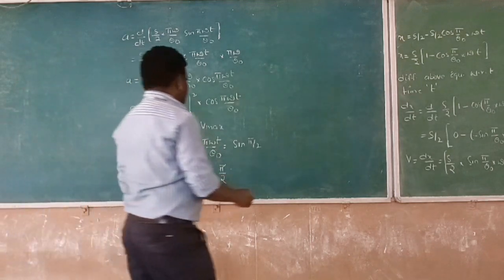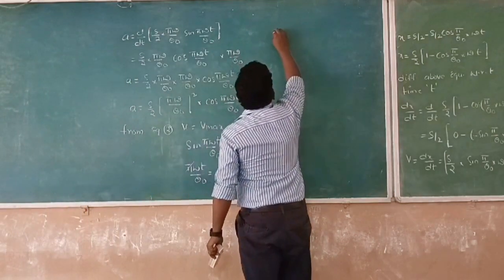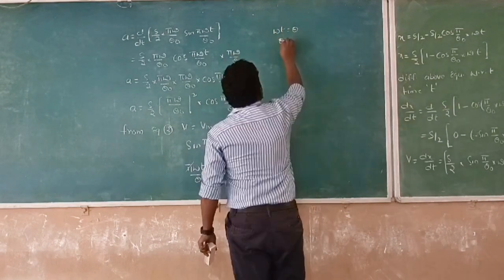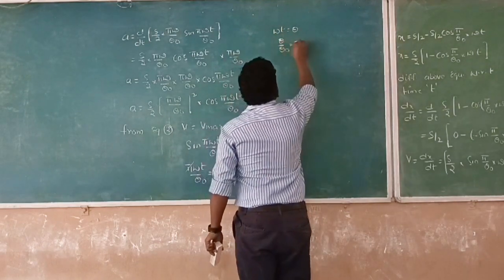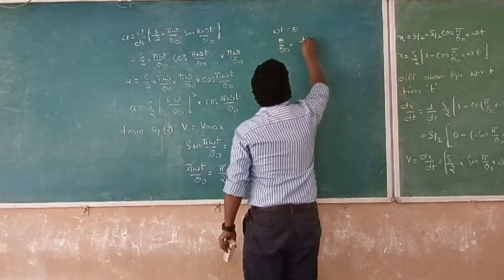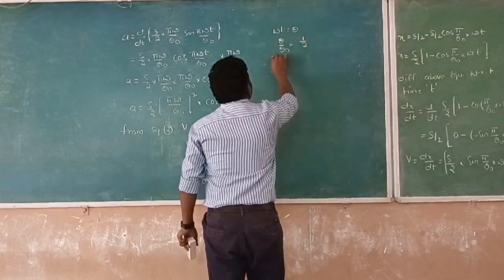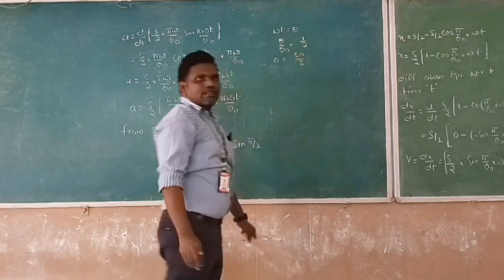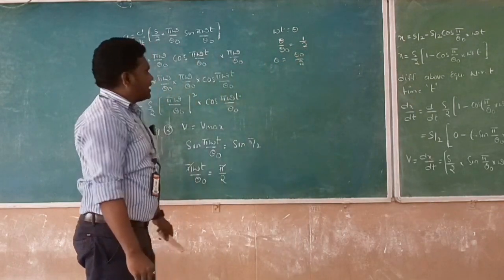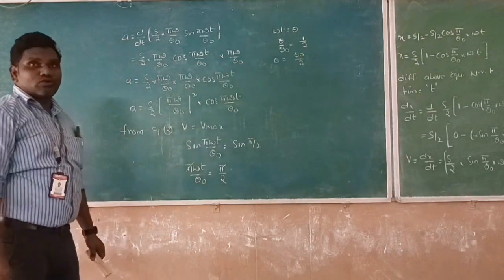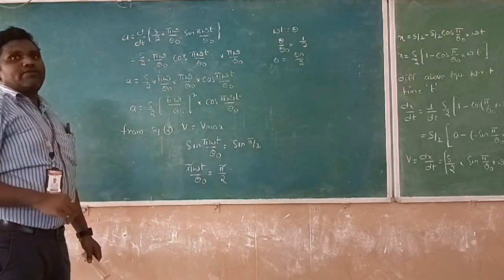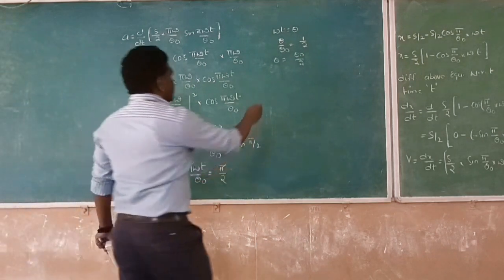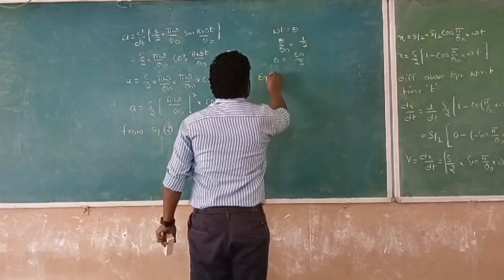So ωt we can write as θ. θ/θ₀ is equal to 1/2. So θ is equal to θ₀/2. At a value of θ equal to θ₀/2, at this point we can say that the velocity is maximum.